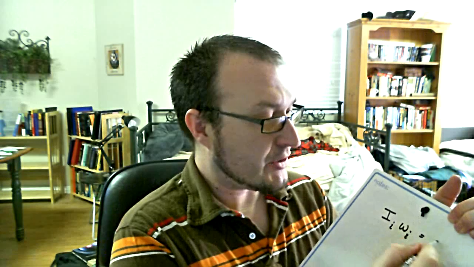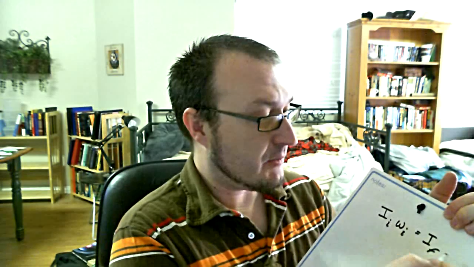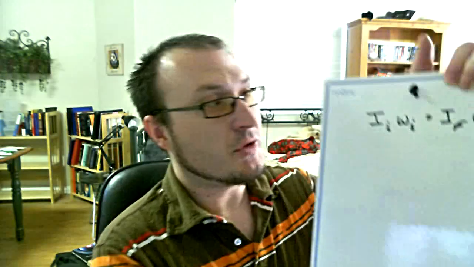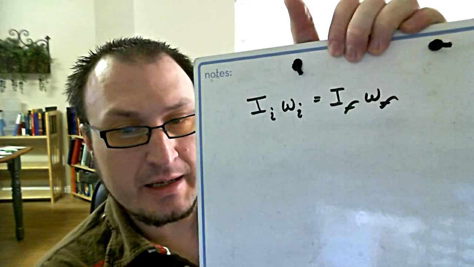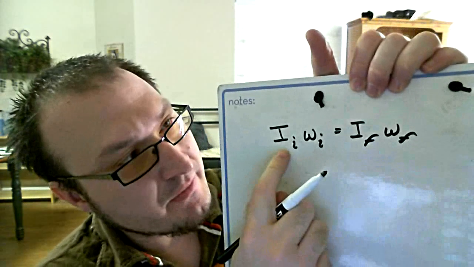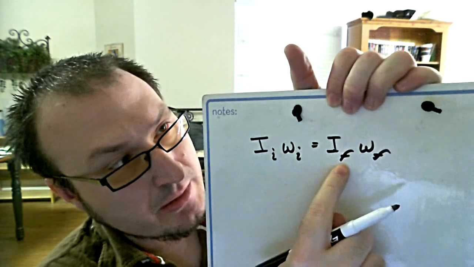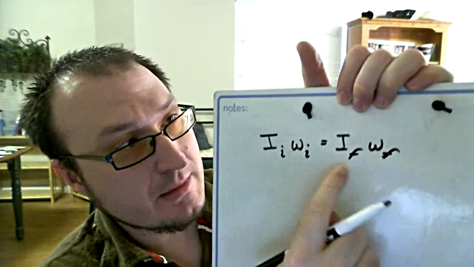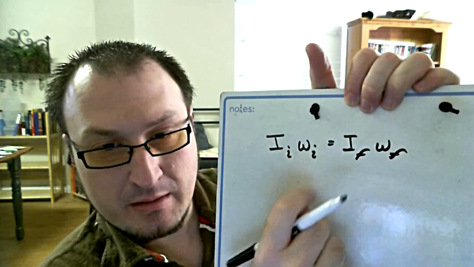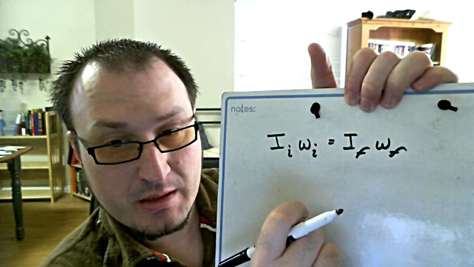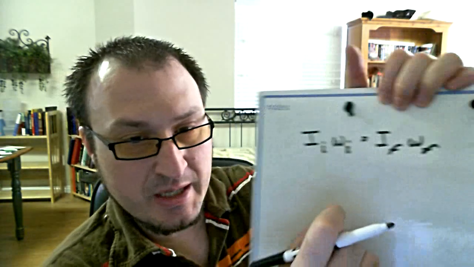And if you can't see that in your head, then just looking at the first equation that I would be using for this problem, which is setting the initial angular momentum equal to the final angular momentum: if this is different than this, certainly this has to be different from this as well in order for this equation to hold. And so yes, the omega is going to be different.